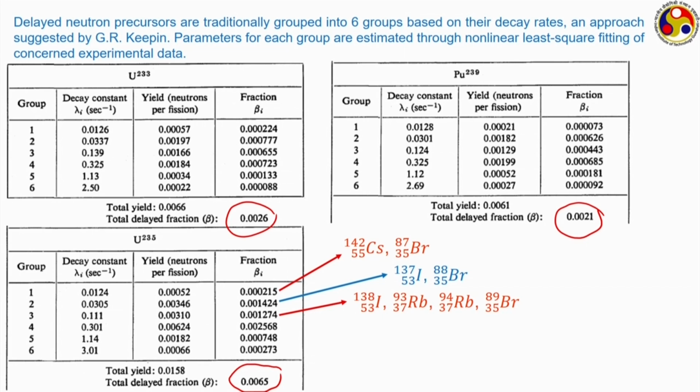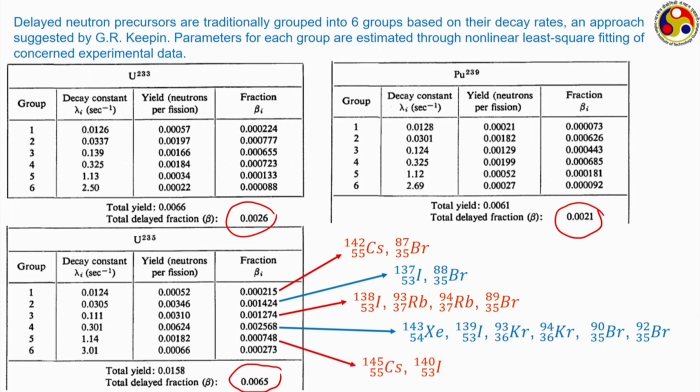You can clearly see that in all these 3 examples we have bromine isotopes involved: bromine 87, 88 and 89. We can also have bromine 90 and 92 in the 4th group, along with xenon 143, iodine 139 and a few others. And in the 5th group we have cesium and iodines, etc.